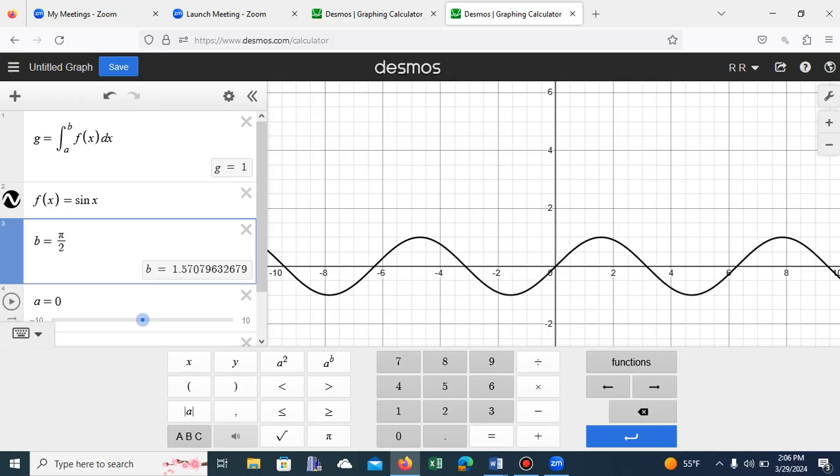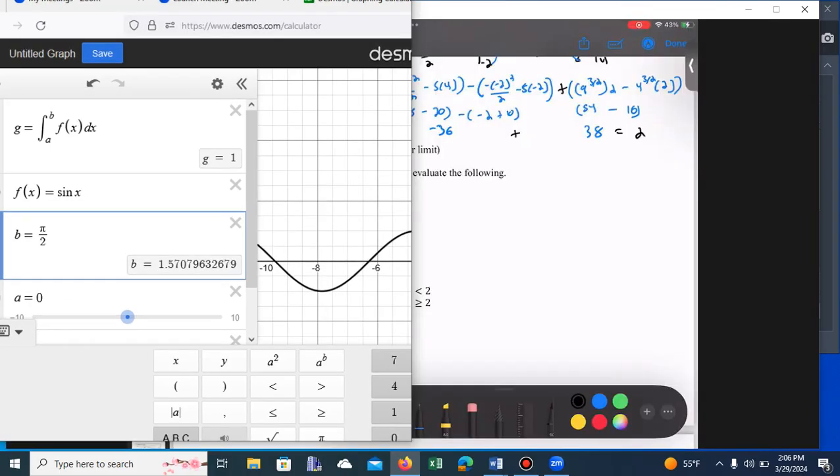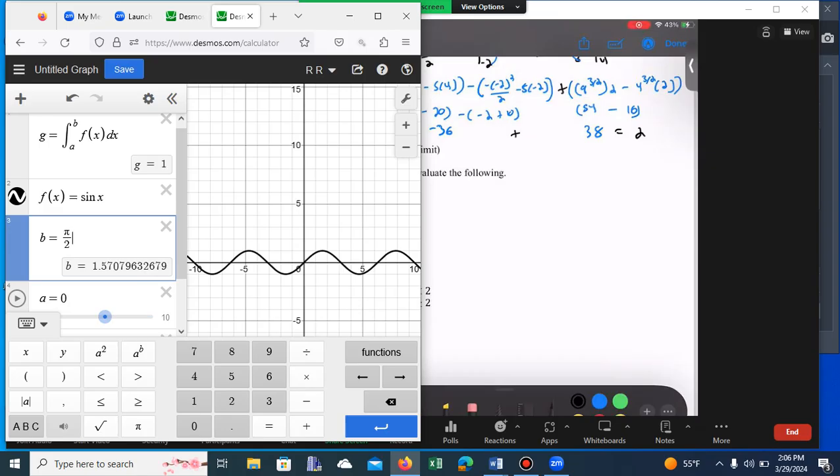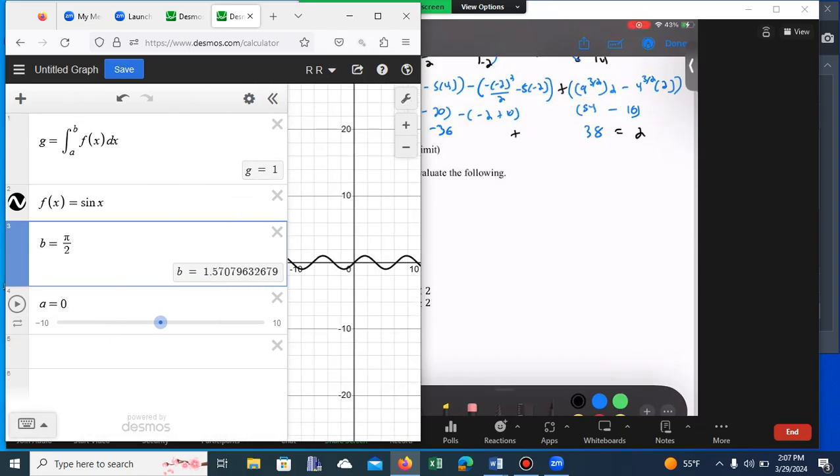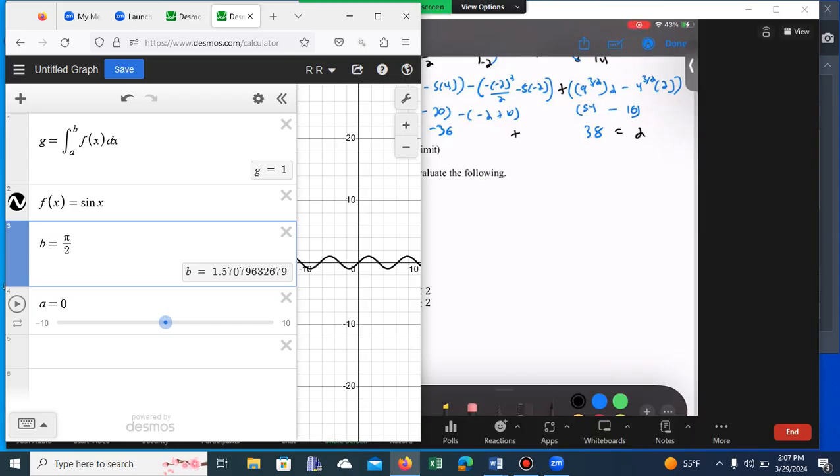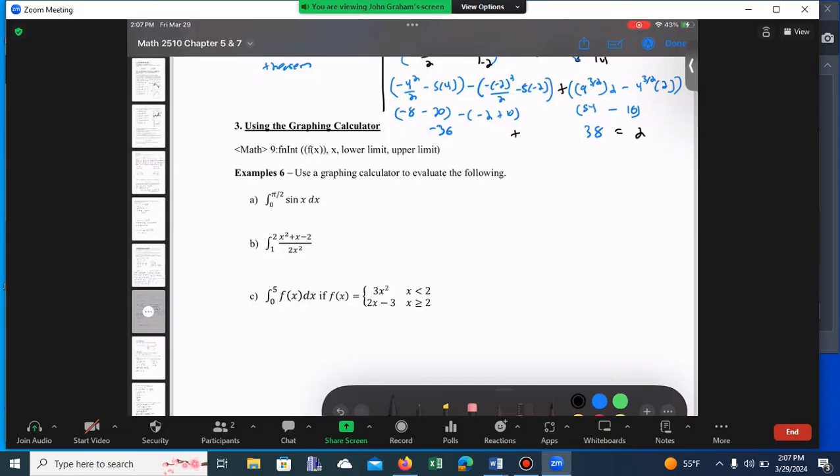It's still going to give us 1 based on what we just put in. But it makes it easier to change then. Not so much the graph we're worrying about right now. So we get 1.57.